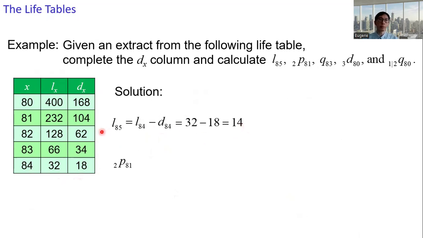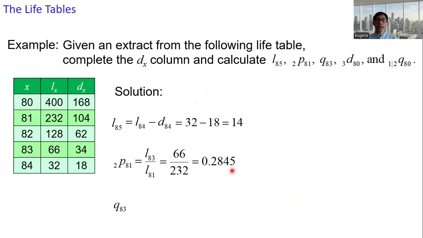From the life table, there are 232 survivors at age 81, and until age 83, there are only 66. 66 out of 232 people survive, reaching age 83. So this is l83 over l81, and we get the probability 0.2845.